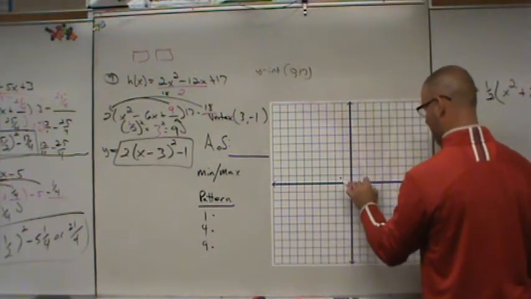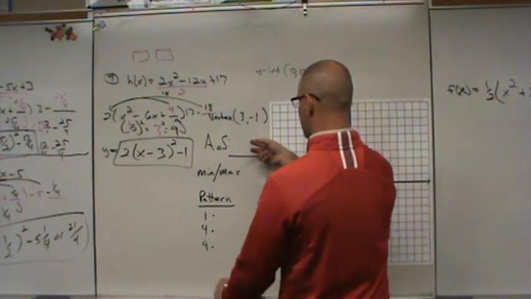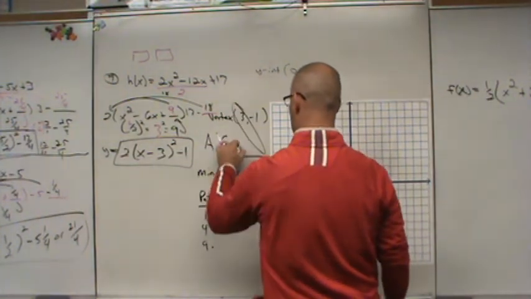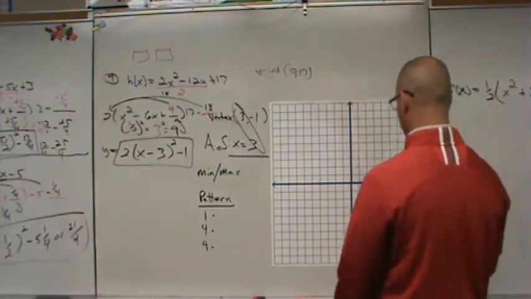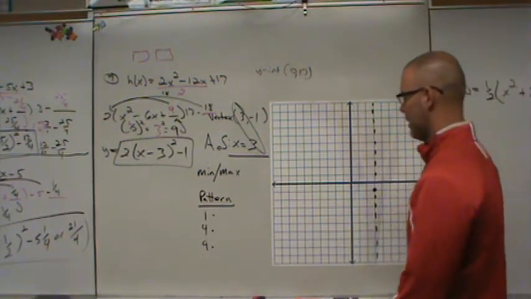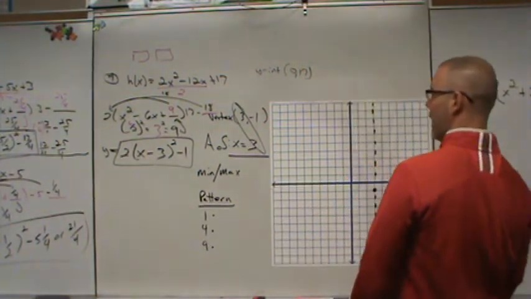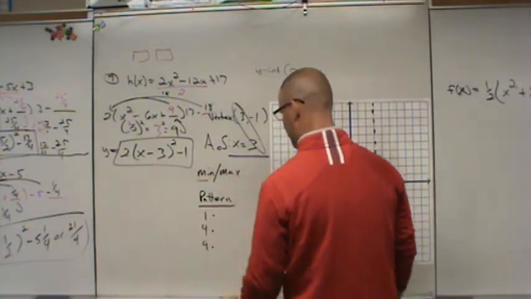So, come over to your graph. Positive 3, negative 1. There's my vertex. Axis of symmetry. Remember, it's the same, so x equals positive 3. Those two end up being the same. So right here, here's my axis of symmetry. Minimum or maximum? Well, gee, A is positive, it's opening up, so it's going to be a minimum.